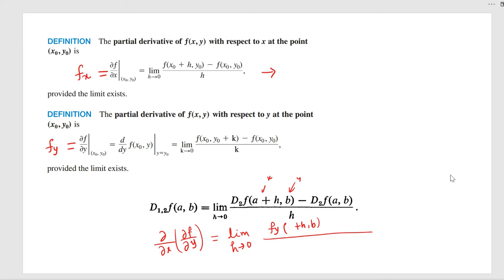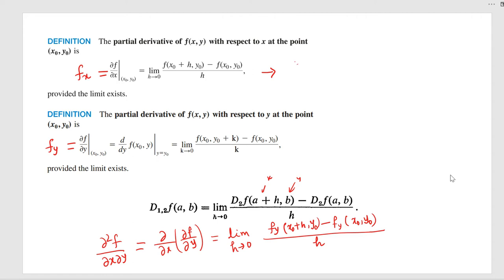So let us just write x plus h, and y is constant again. Or you can write x naught plus h, y naught, minus f sub y at (x naught, y naught), divided by h. Then this derivative is called del squared f del x del y.